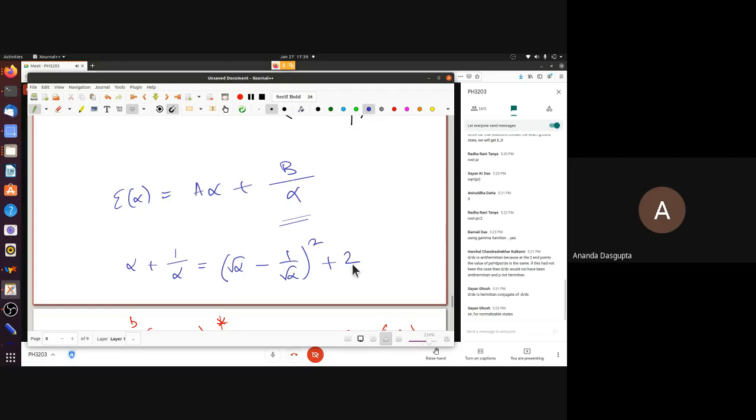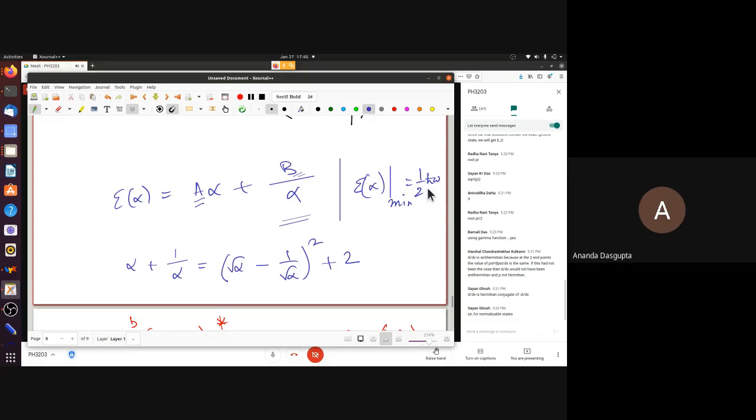And the minimum value is 2. Of course, here the calculation will be different because of the presence of the constants A and B, but you should be able to get that answer without using any calculus. And you will find that the minimum value for E alpha will work out to be half h cross omega. That should not come as a surprise because we have chosen a family of wave functions which already contains the exact solution.